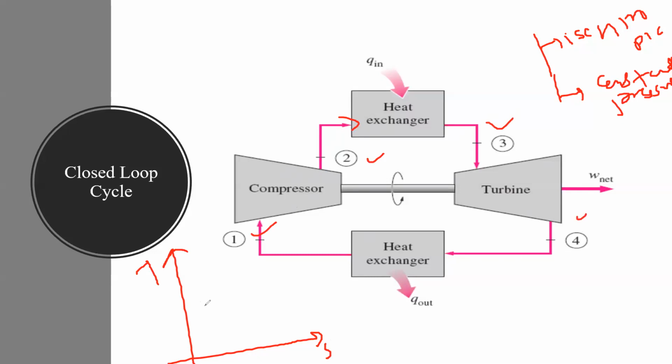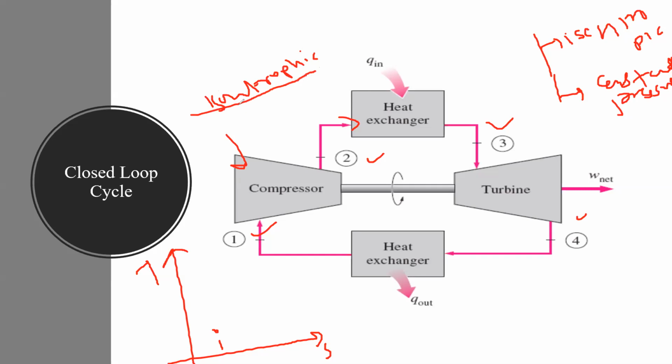First of all, at 1, I assume the isentropic process is performed in the compressor. Here two assumptions are made in the closed loop cycle. Which process? Isentropic. Now what is meant by isentropic process?